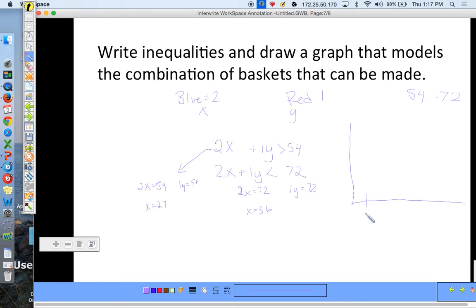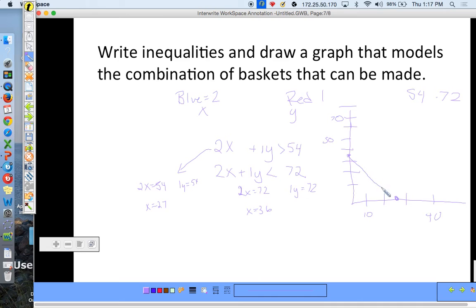Well, I'm just going to count by tens. 10, 20, 30, 40. And y's you have to get up to 72. So 10, 20, 30, 40, 50. This is a very rough graph. 60, 70, 80. So this first one, we have x equals 27, y equals 54.